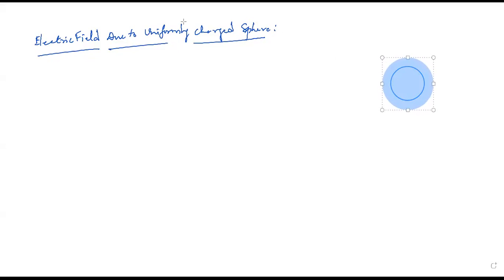Electric field intensity due to any charged sphere can be calculated at 3 different points. What are they? First, when the point lies outside the charged sphere: the electric field intensity at a point outside the charged sphere. This is the first topic we are going to see.